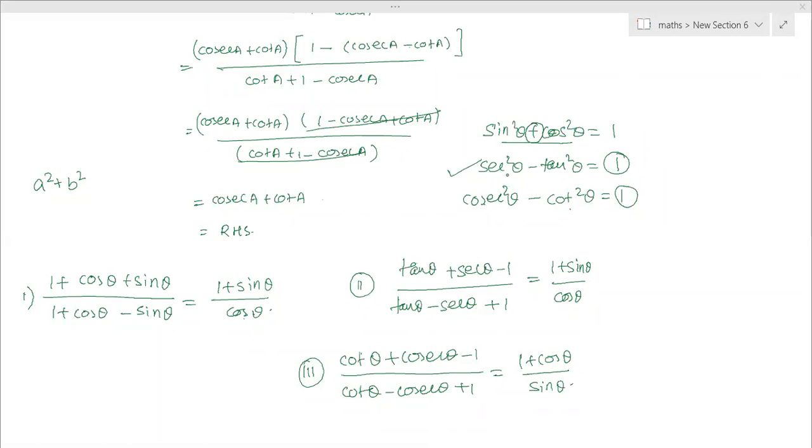You will get sec theta plus tan theta. Then divide this one. Convert into sine and cos.